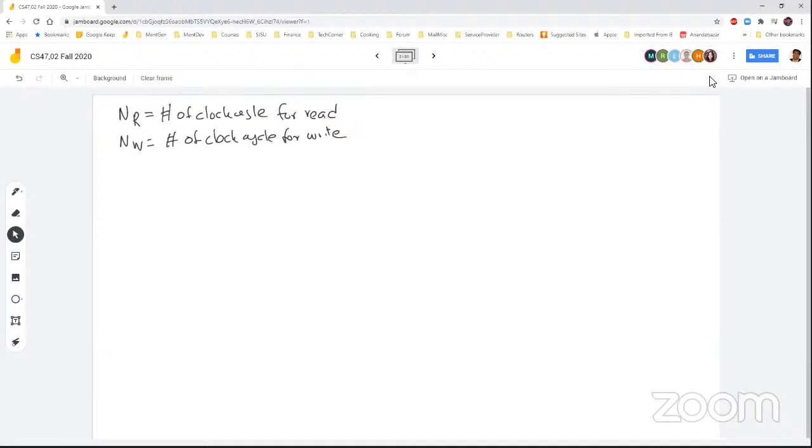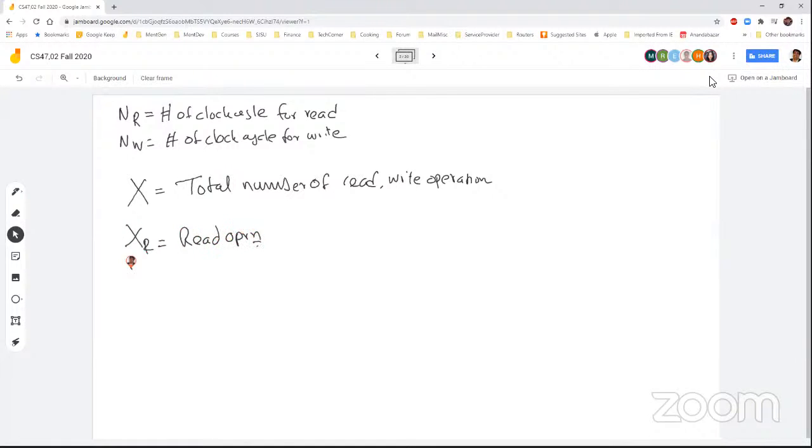And let's say there are n, I'm using n too much. Okay, x total number of read or write operations, and let's say out of that XR equals the read operations, XW is the number of write operations.